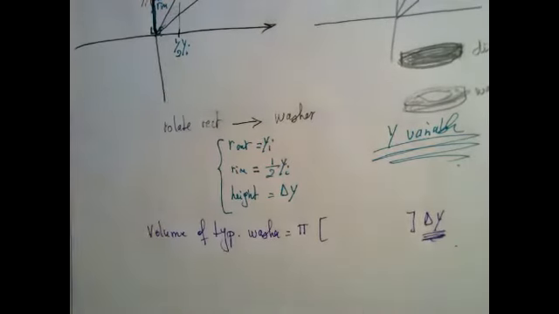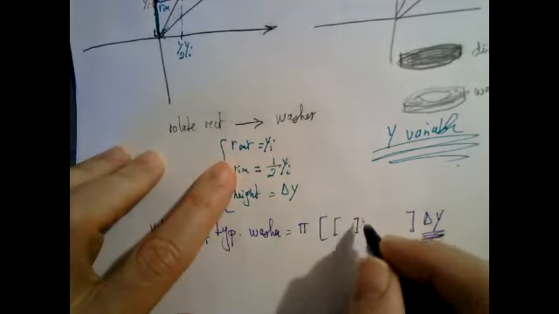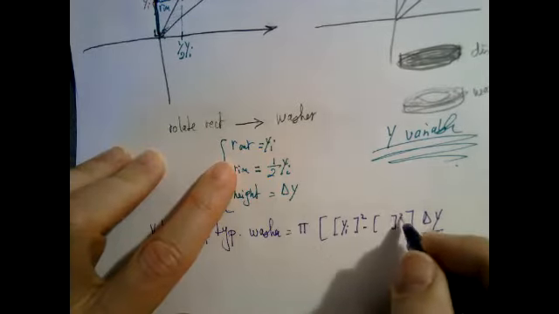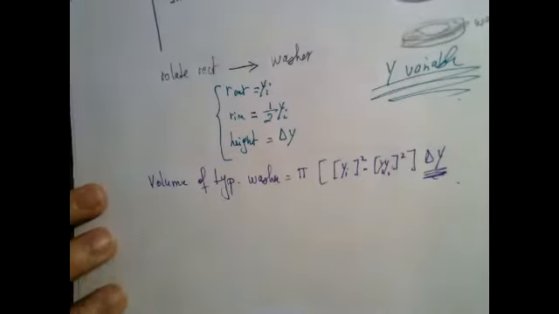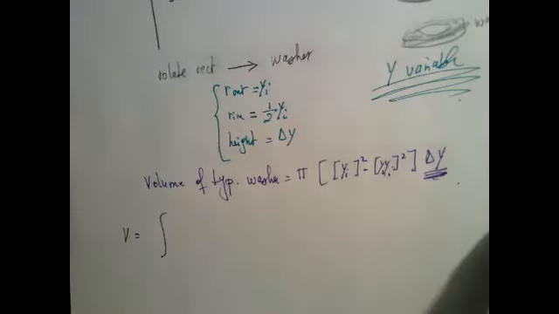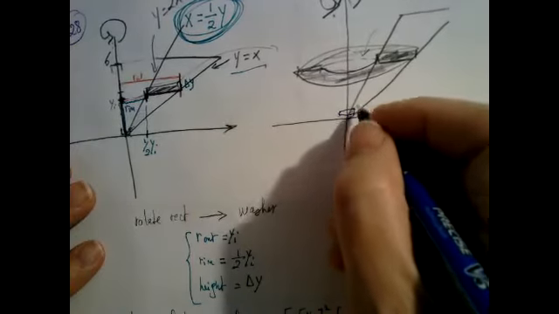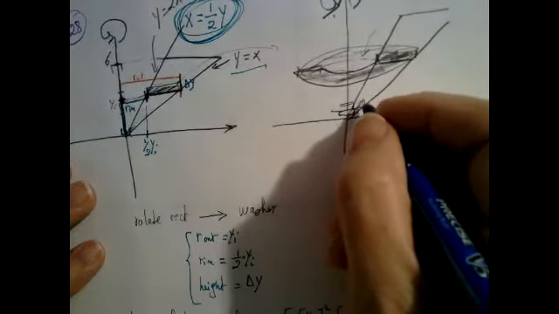There is a delta y because I split the interval along the y-axis, times the outer radius squared minus the inner radius squared. That's for every washer. Now the total volume is, we add the volumes of those washers. It means what we're doing at this stage, we are filling this with those washers. So something like that.